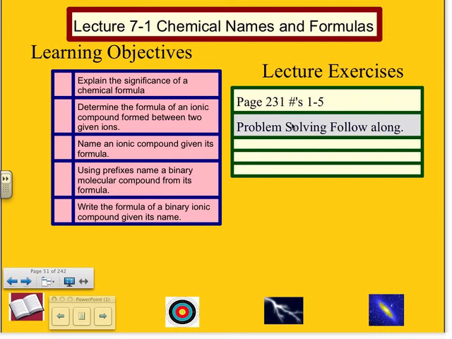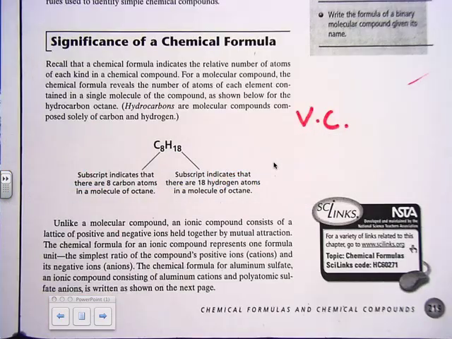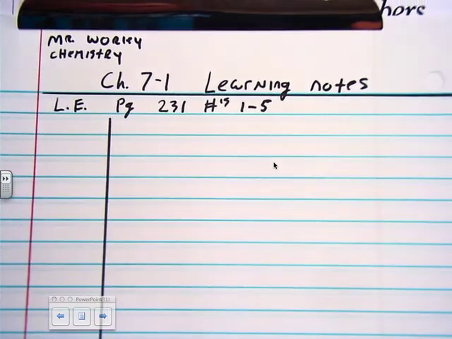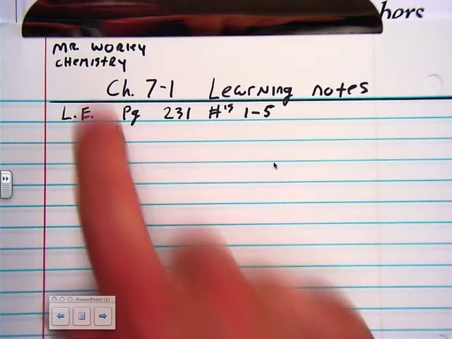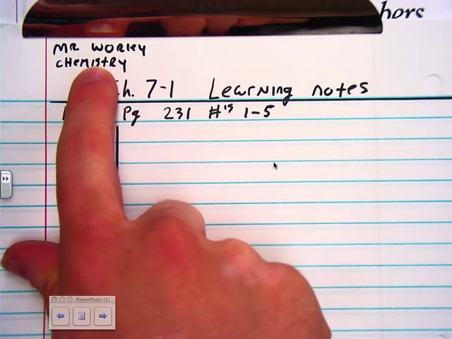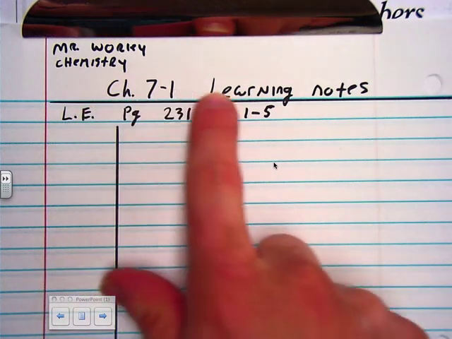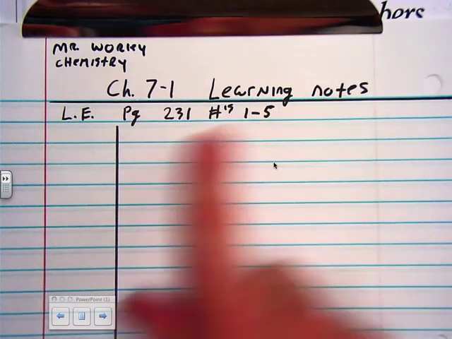Okay, before we start, make sure that you have your book opened up to page 219 right here. You need your book, 219. You also need to have a pen and paper handy. I have gone ahead and labeled my paper like I'd like you to label it: your name here, class, and I want you to say Chapter 7, 7-1, Learning Notes.